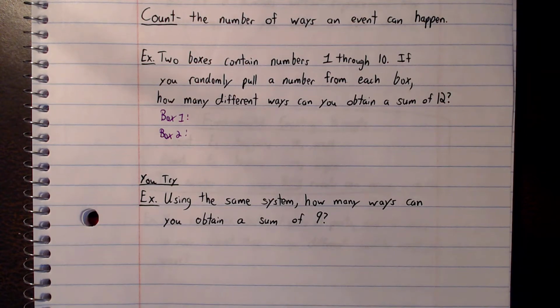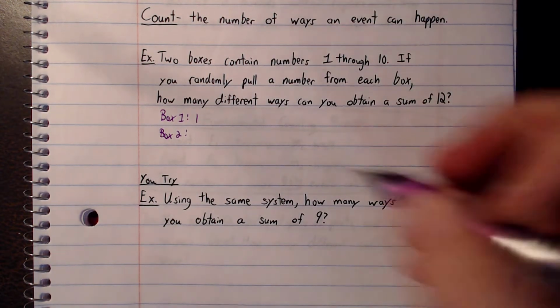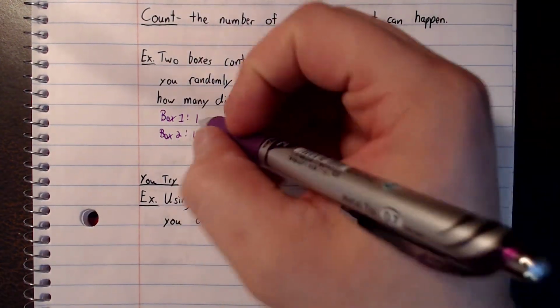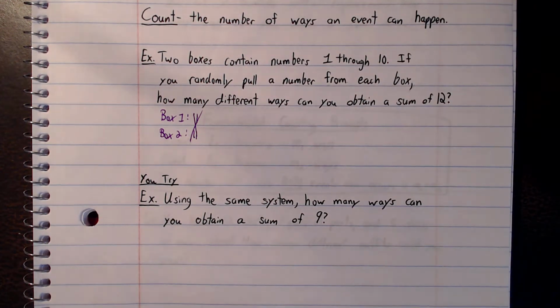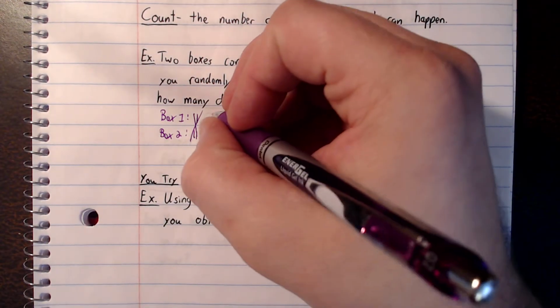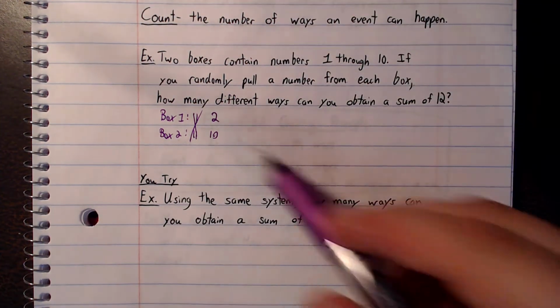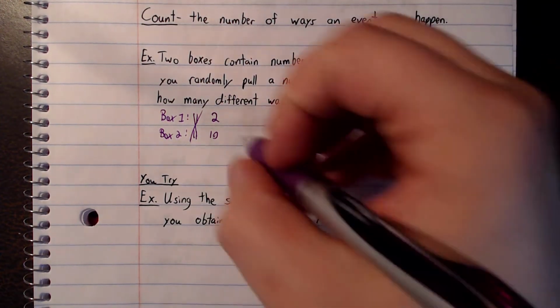So if I pull out a 1, I would have to pull out an 11 to add up to 12. But obviously our boxes don't contain those, so there's no way for that to happen. So that means the lowest number I could pick would be a 2, which would have to match with a 10 from box 2, right? 2 plus 10 is 12.